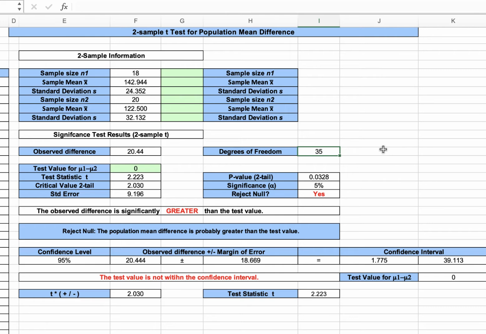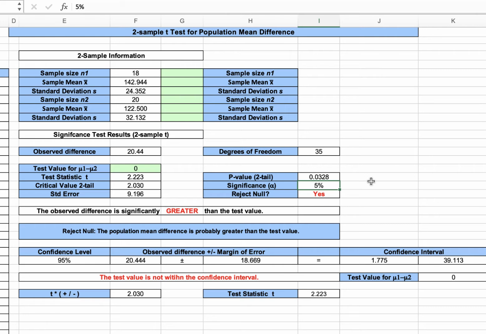And this is the Satterthwaite approximation of degrees of freedom. So using that t-curve for 35 degrees of freedom, we would say t for 35 degrees of freedom is 2.22, p equals 0.0328, which is less than 0.05. So here we can reject the null of equal means.